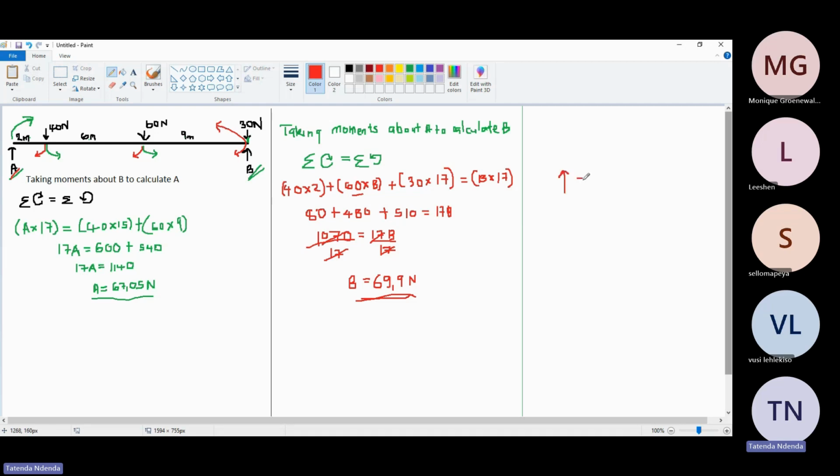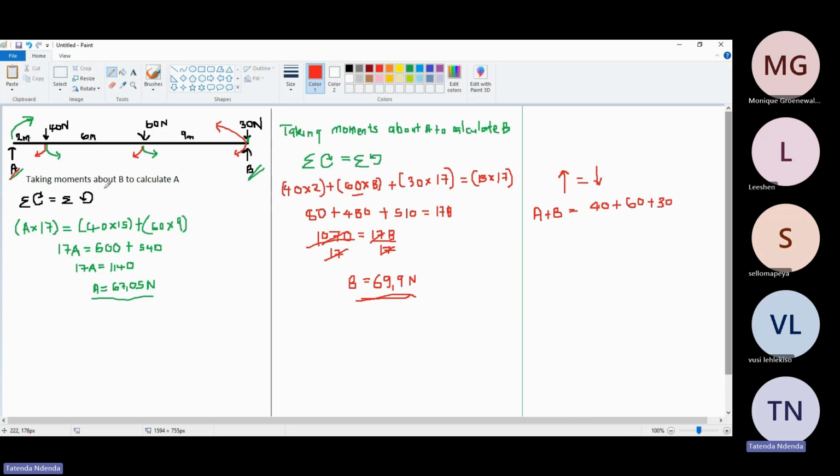Okay, but now we have to test this, saying upward forces equal downward forces, right? So our upward forces, A plus B, is supposed to be equal to 40 plus 60 plus 30.